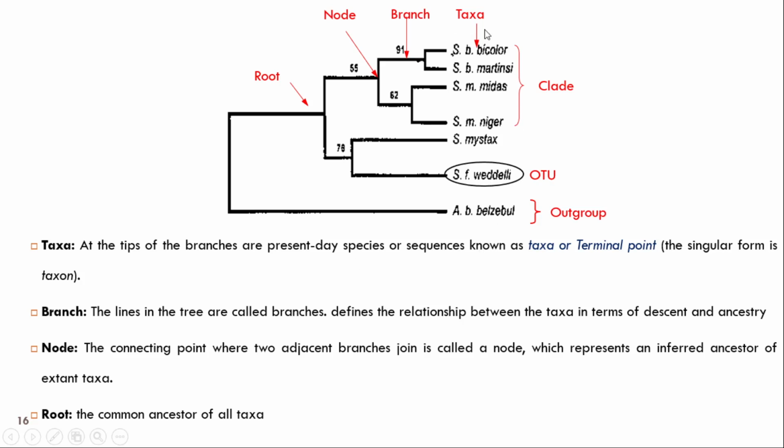All these are taxa, but with respect to SF Weddellii, I am studying the phylogenetic relationship, so that taxon is going to be called an OTU. My focus will be on this particular SF Weddellii. If you are studying SB Martinezii, then this will be the OTU for your study. All right.